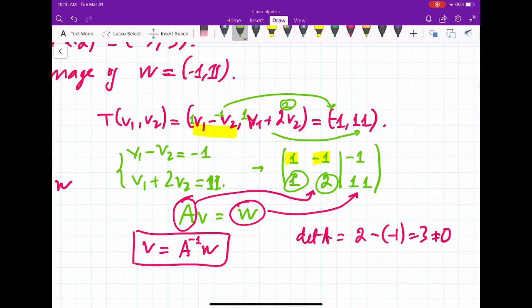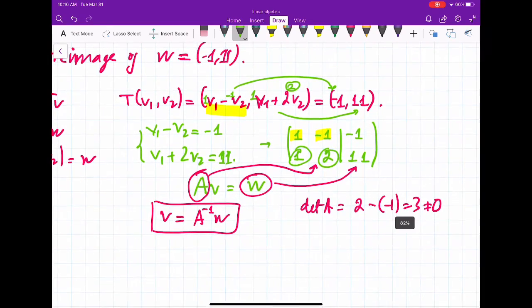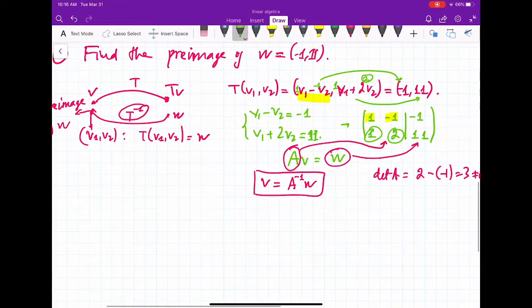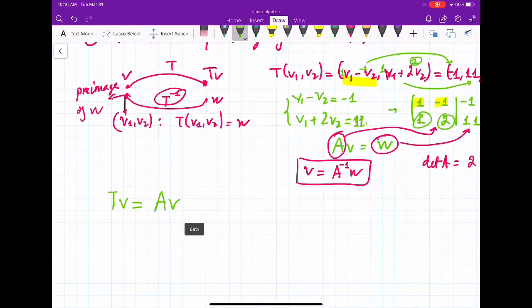So basically, for this linear transformation, you can make a matrix corresponding to T, and you might have the following identity. TV is equal to AV. Is that correct? TV is equal to AV. Or if we write that strictly and correctly, TV transpose is equal to AV transpose.